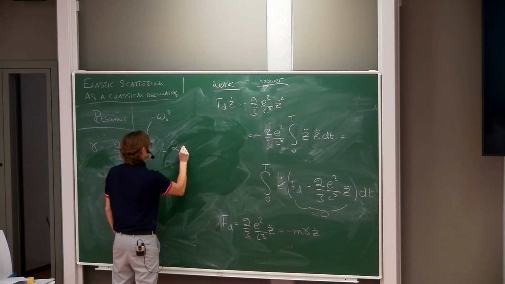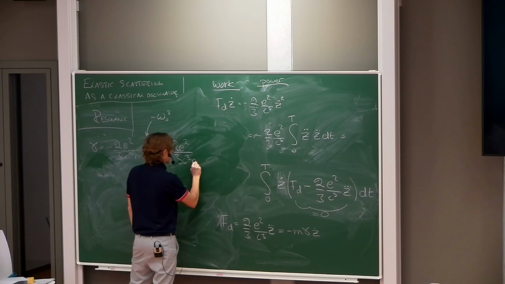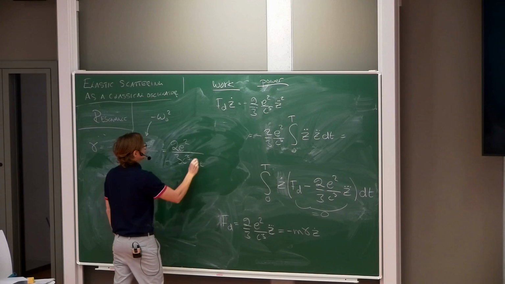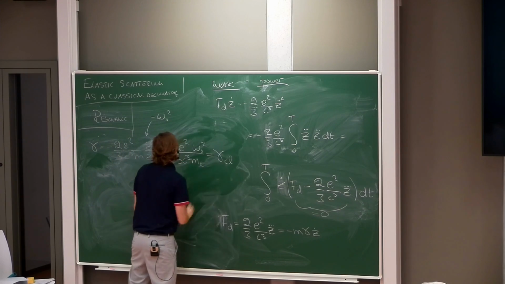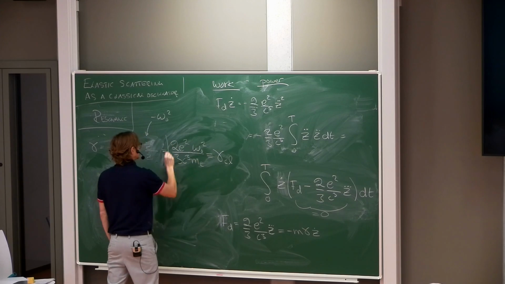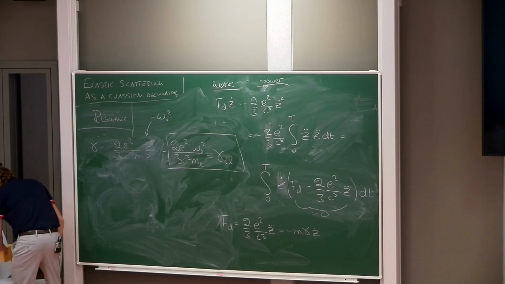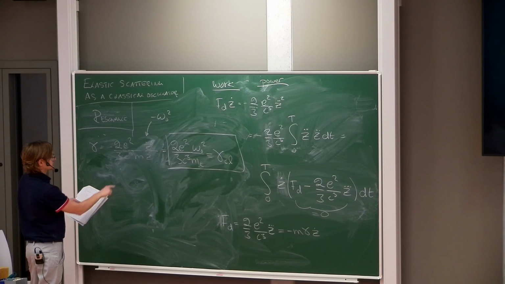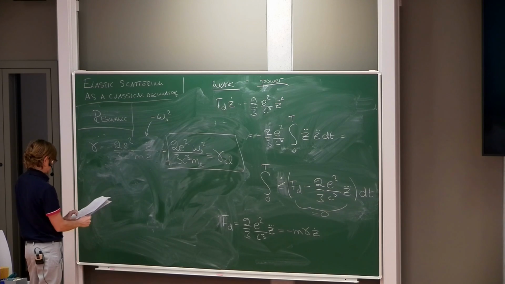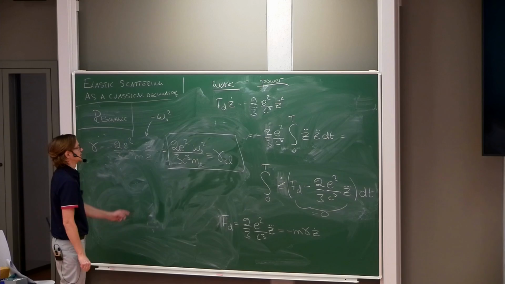So this is 2e squared over 3c cubed m, where m is the mass of the electron, times omega 0 squared, and this is then what we define as the classical damping coefficient. It does seem like I have the same expression in my notes. So that's good.